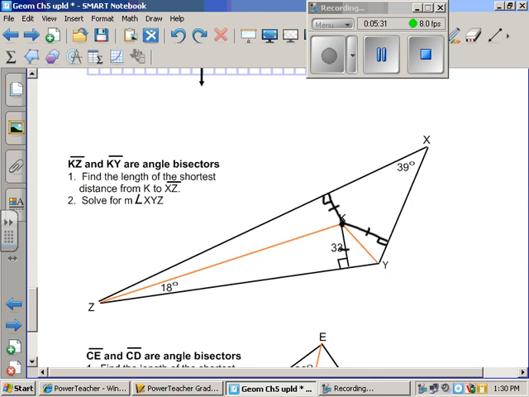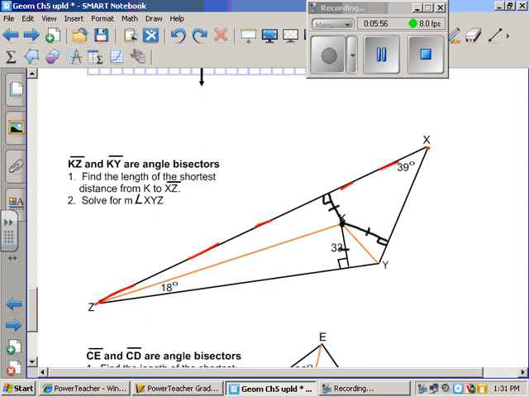So it says first, find the length of the shortest distance from K to XY, or XZ, sorry. So XZ is this one here, right? We know from last chapter the shortest distance between a point and a line is a perpendicular line.